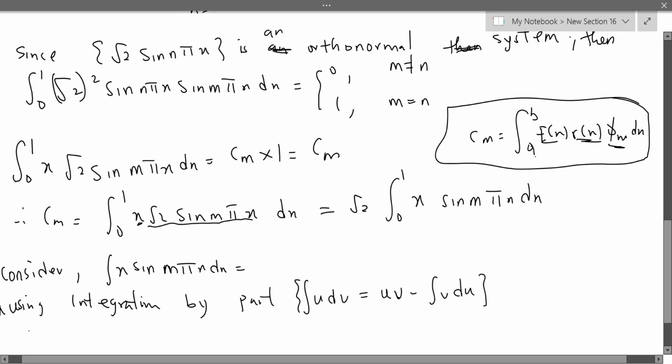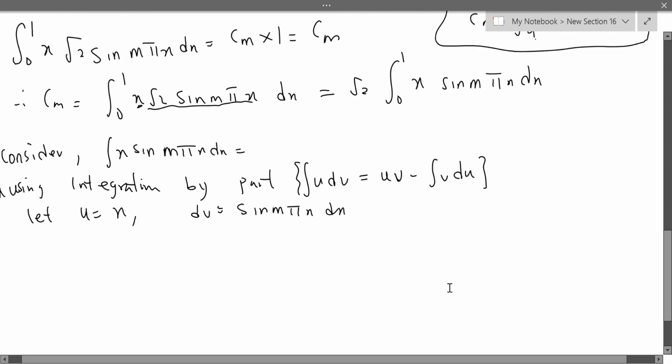So let's define our u. Let u be equal to x and let dv be equal to sine m pi x dx. From the integration by parts formula, we need u, v, then du. Now we have u, we need du. To get du, differentiate: du/dx is equal to 1.